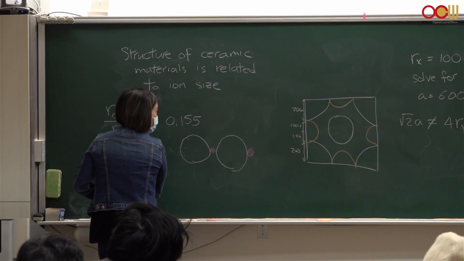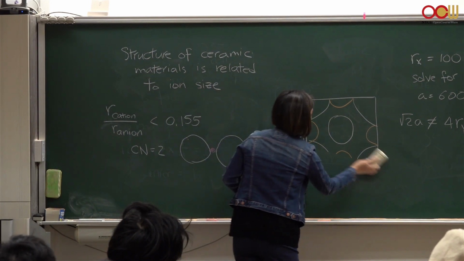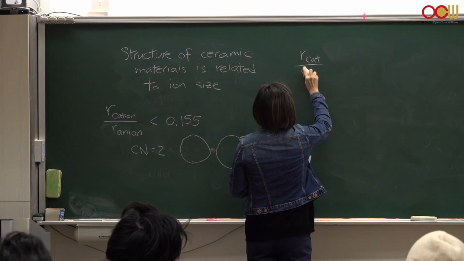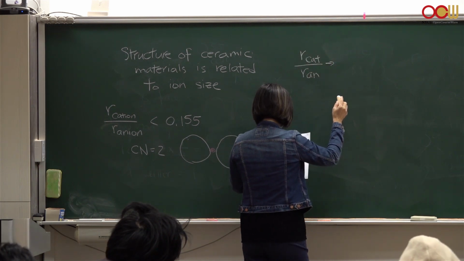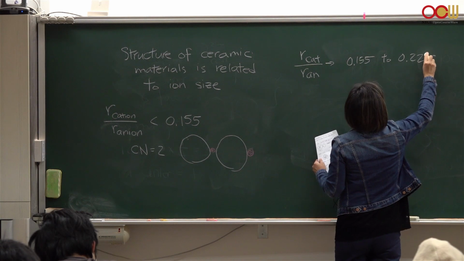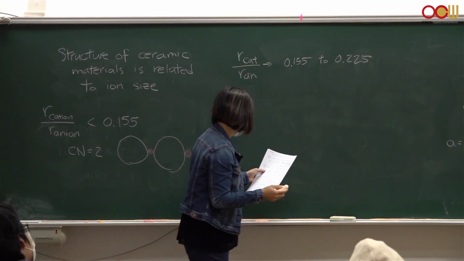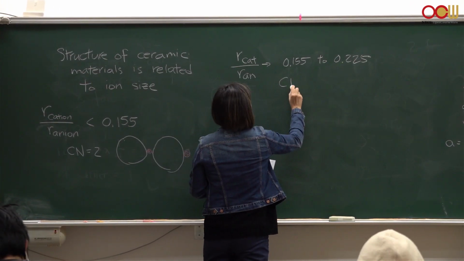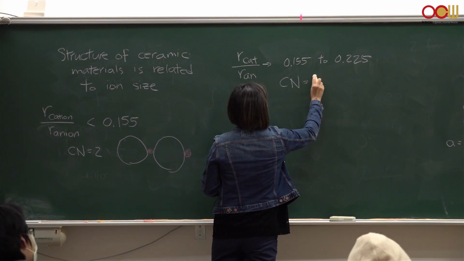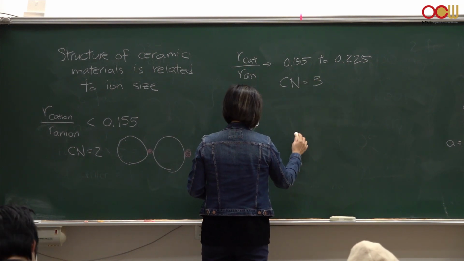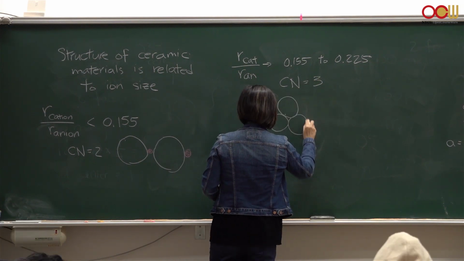And then if you had a slightly bigger cation, it's between, then you have a coordination number of 3. And it'll look something like this.